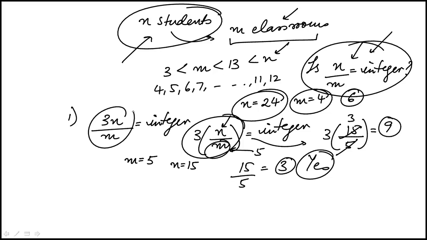So now the question is, is it possible for the answer to that question to be no? So if we look at this piece, I want to force n over m to be not an integer, because that's what would answer the question as a no. So I know that if I somehow include a multiple of m to be a multiple of 3, so let's say it's 3 times something. For example, I could do 3 times 2.